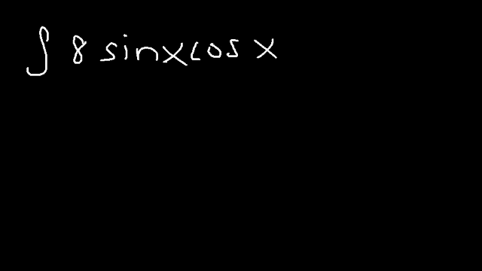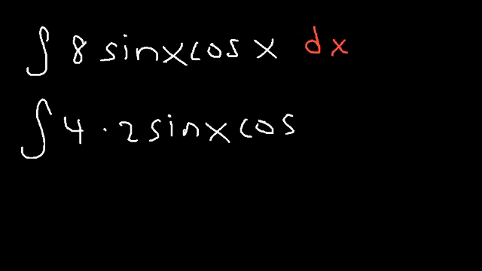So let's say if we wanted to find the antiderivative of 8 sine x cosine x, how would you do it? We can break 8 up as 4 times 2. And if you recall, 2 sine x cosine x is equal to sine 2x.